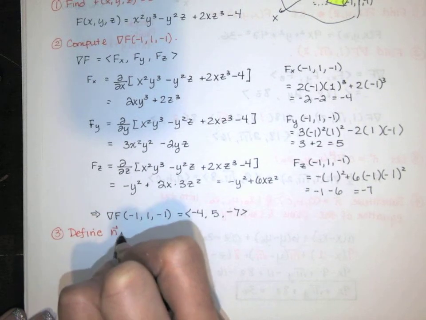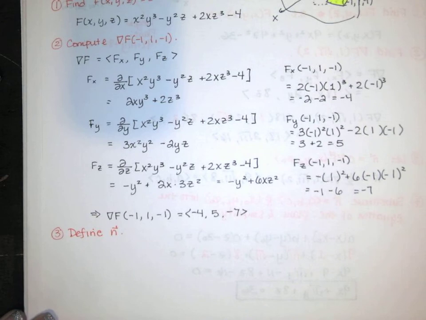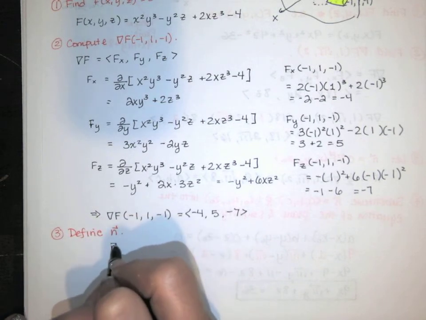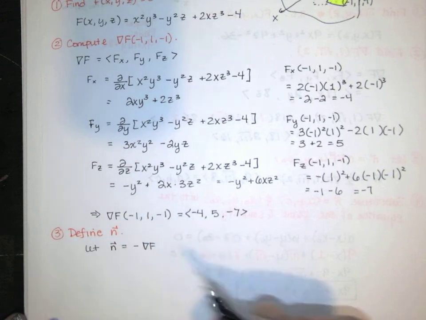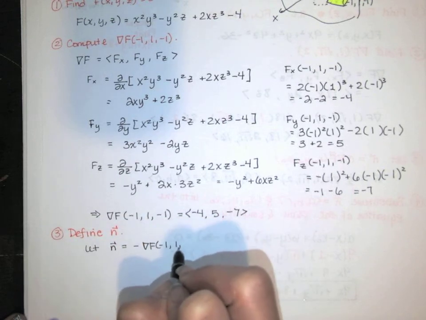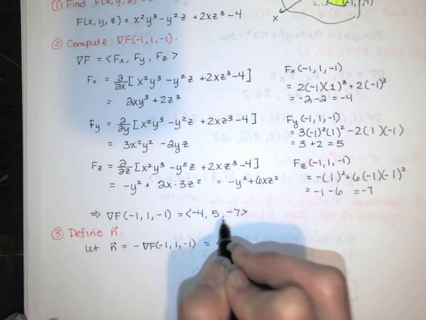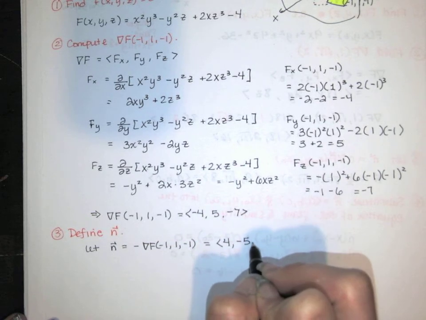So you're defining the normal vector n, which can be this vector if you want it to, or you can multiply by any constant, which is just going to change either the length or the direction or both. When I multiply by -1, I get 4, -5, 7.